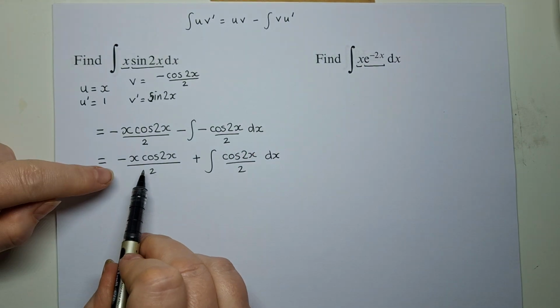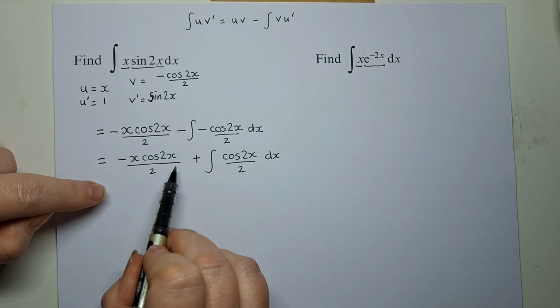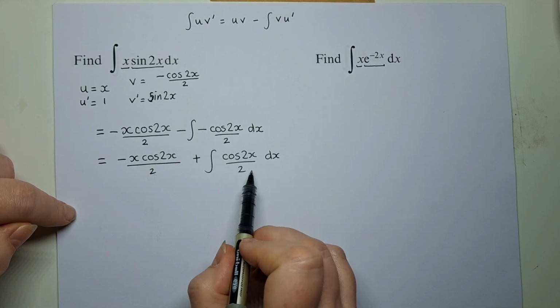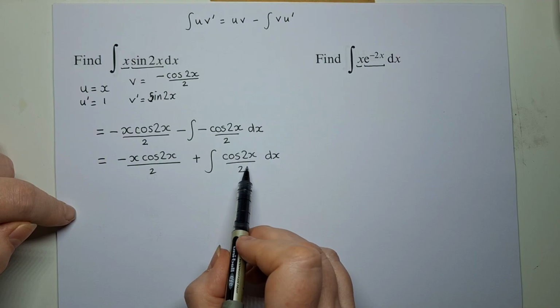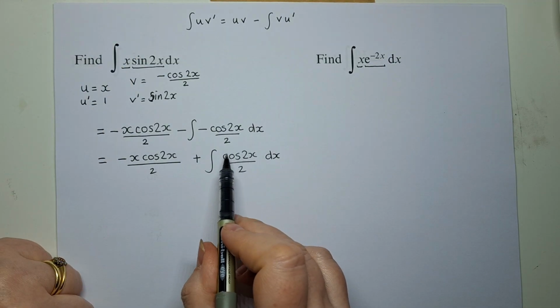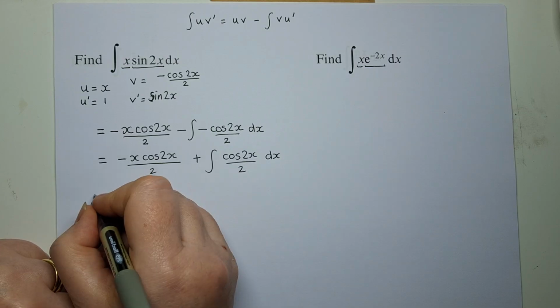So the first term, the u times the v, whatever it looks like, leave it alone. The second term is the bit you're going to integrate. Now hopefully that is now not a horrible product of two x terms. It's just a trig term we can integrate.